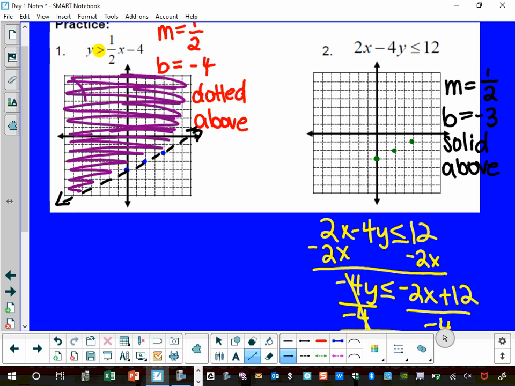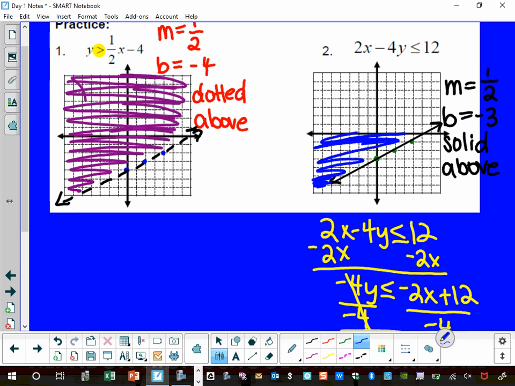I have a solid line, so I'm going to make that line as solid as I can. And then I'm going to shade above. Any questions on numbers 1 and 2?